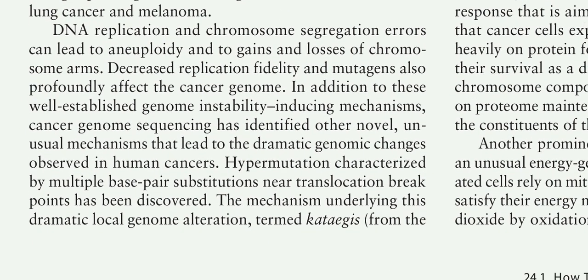DNA replication and chromosome segregation errors can lead to aneuploidy and to gains and losses of chromosome arms. Decreased replication fidelity and mutagens also profoundly affect the cancer genome. In addition to these well established genome instability inducing mechanisms, cancer genome sequencing has identified other novel, unusual mechanisms that lead to the dramatic genomic changes observed in human cancers.